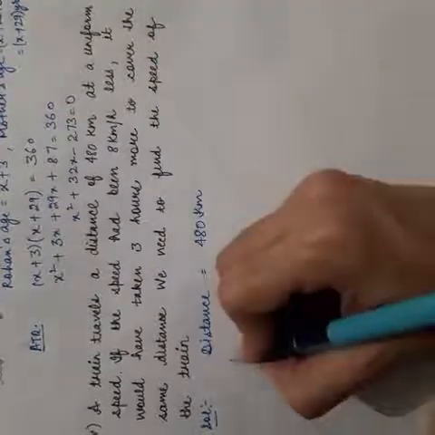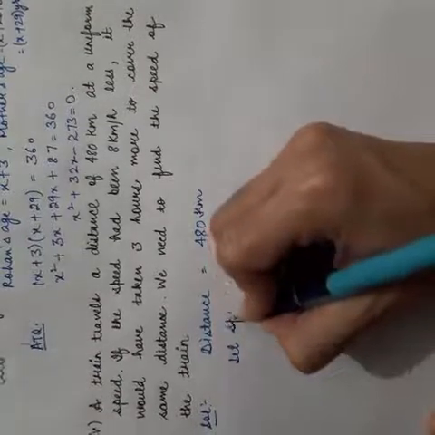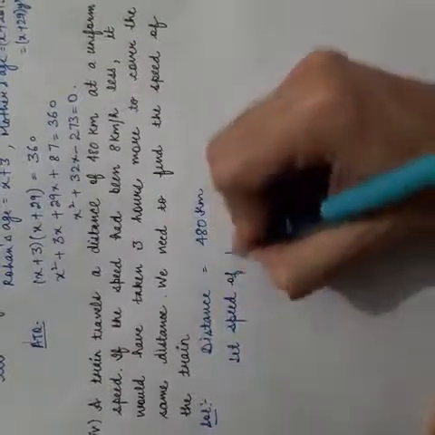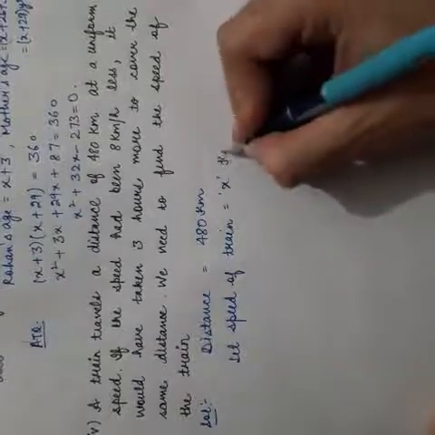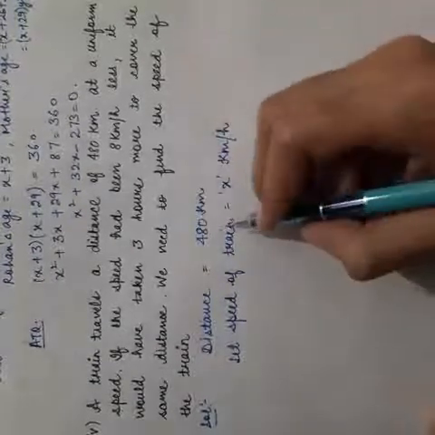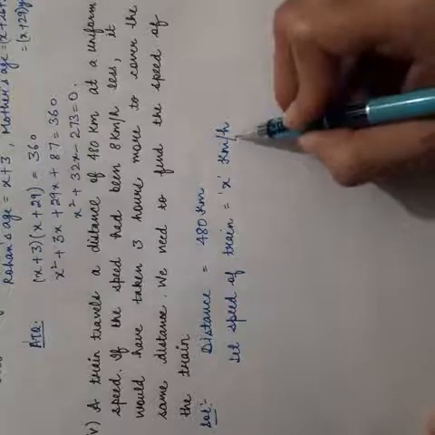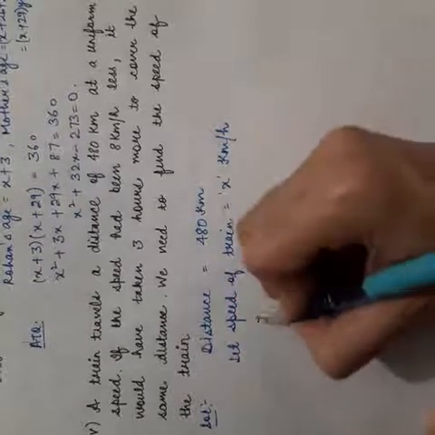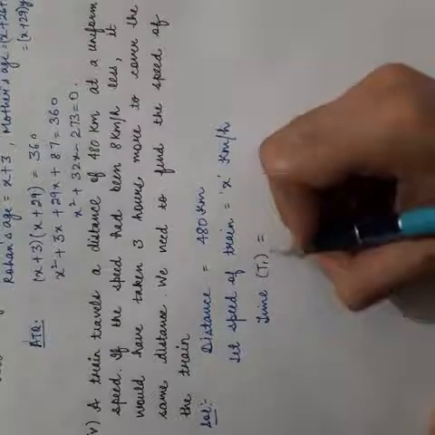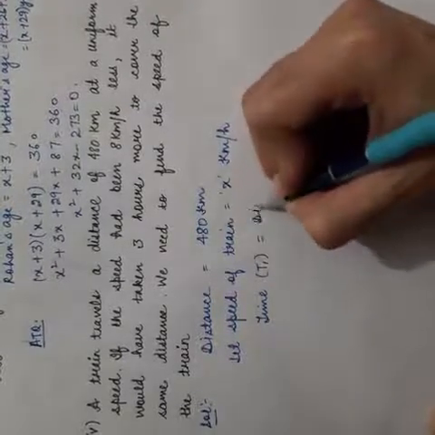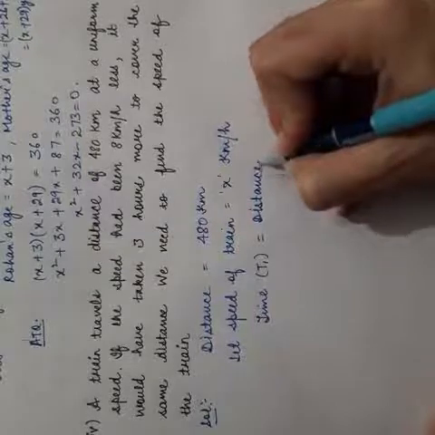We don't know. So let us suppose the speed of train is equals to x kilometer per hour. Now in the beginning, if the train was traveling at x kilometer per hour, how much time will it take? Let us suppose this time is denoted by t1.